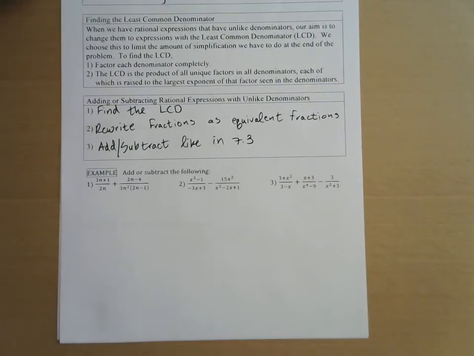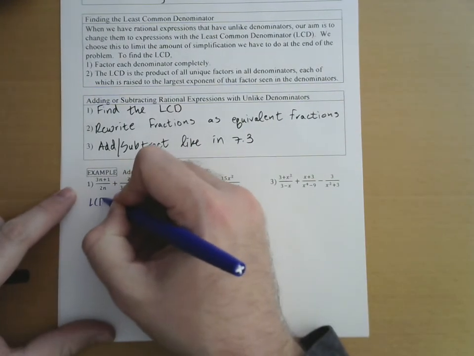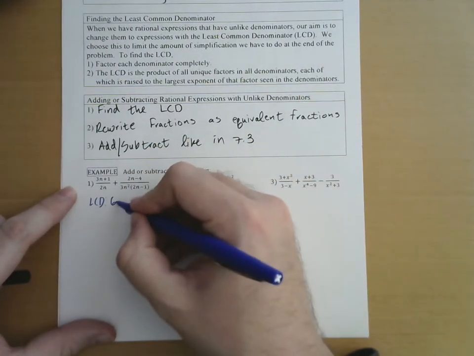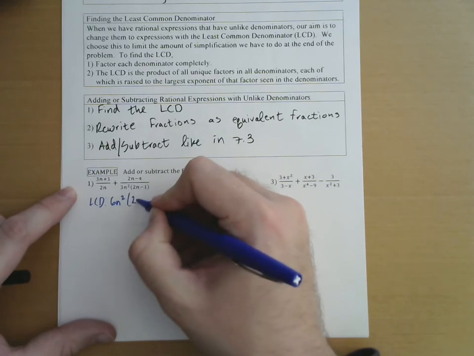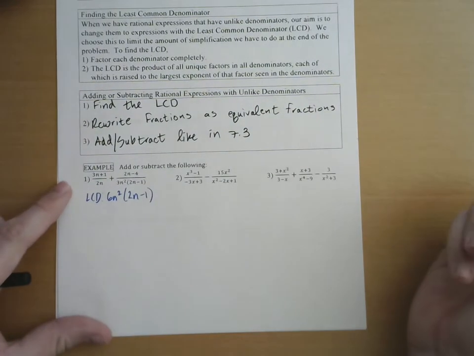So these first three examples are the three problems we ended the section with last time. So 3n plus 1 over 2n plus 2n minus 4 over 3n squared times 2n minus 1. We found that the LCD last time for this was 6n squared times 2n minus 1.